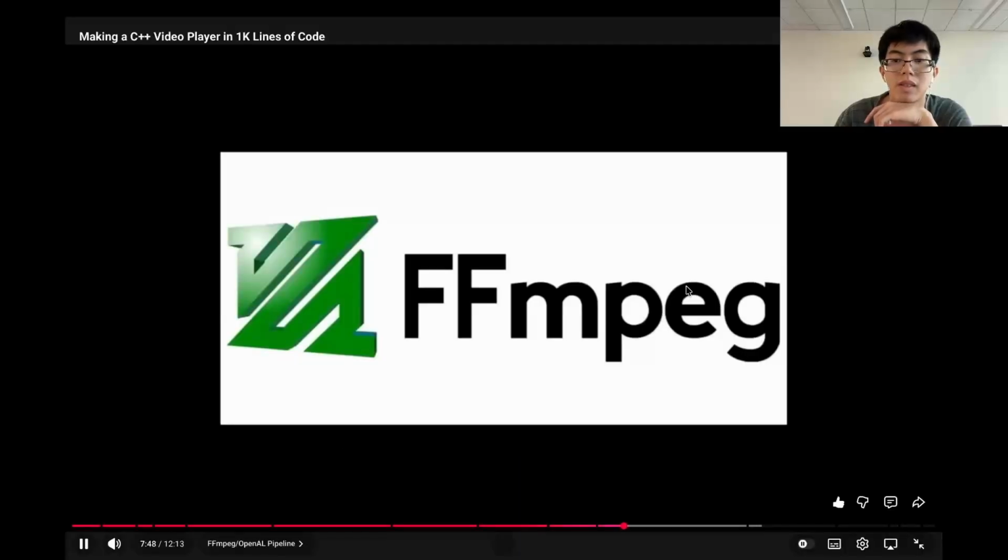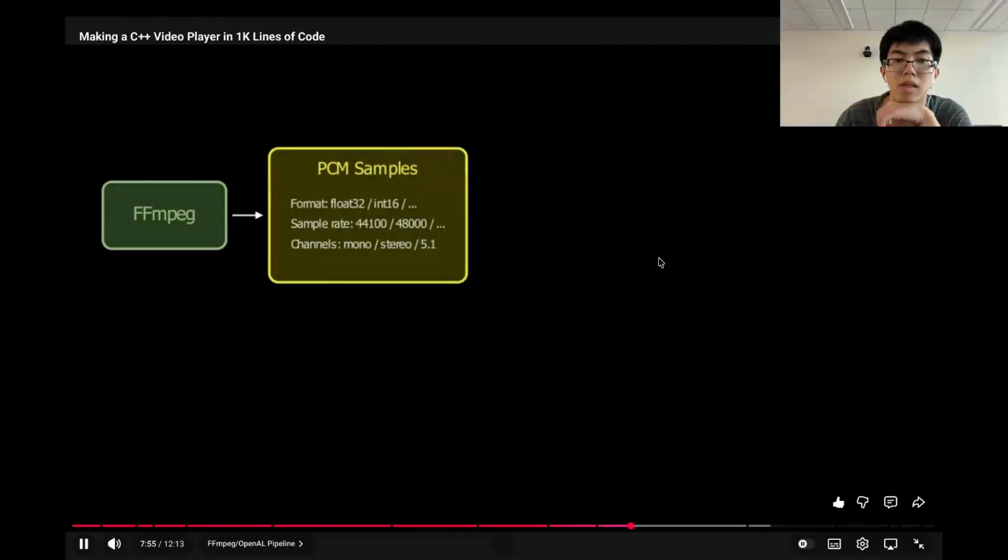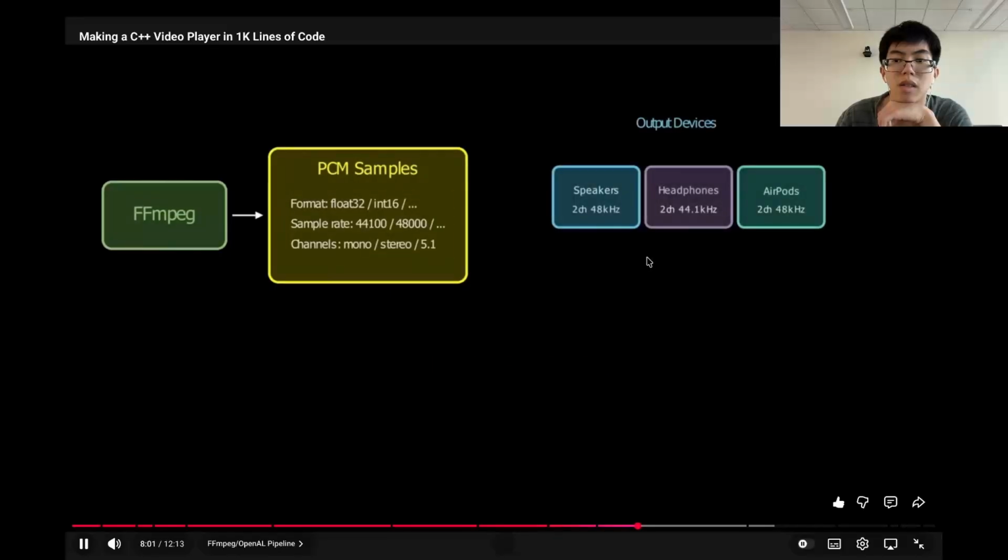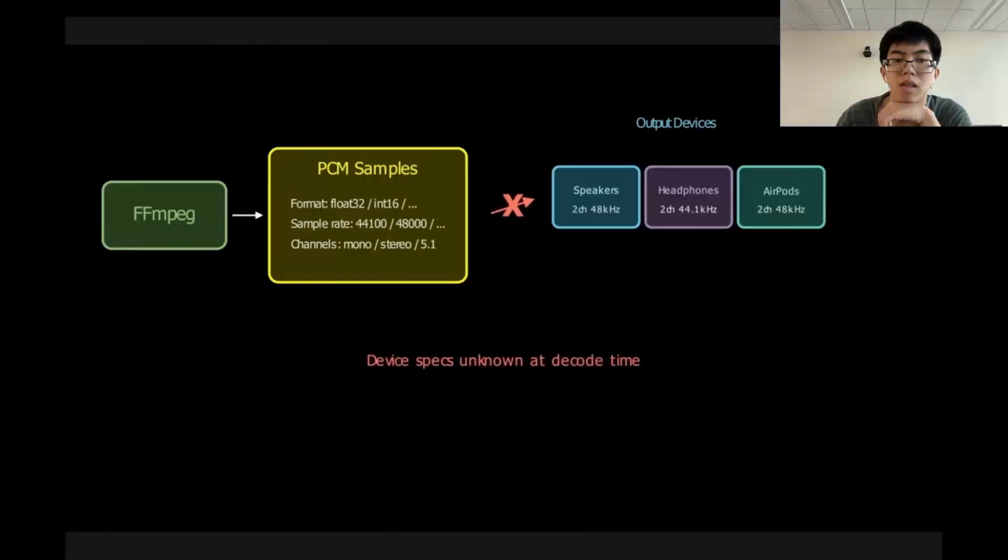FFmpeg doesn't just decode video, but it also gives us audio samples. The audio devices we have today, like speakers, headphones, or AirPods, support a different number of channels and sampling rates. The audio samples that we get from FFmpeg are called PCM, and they can have various formats, sample rates, and channels.